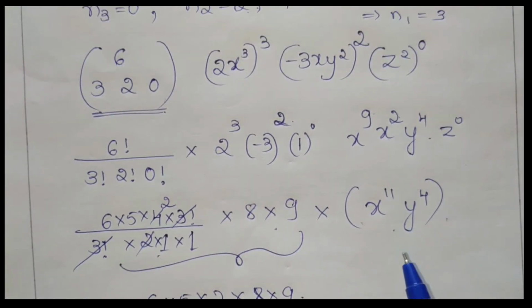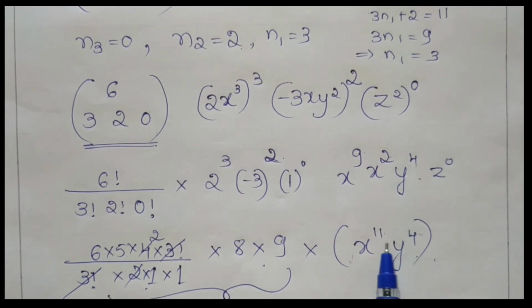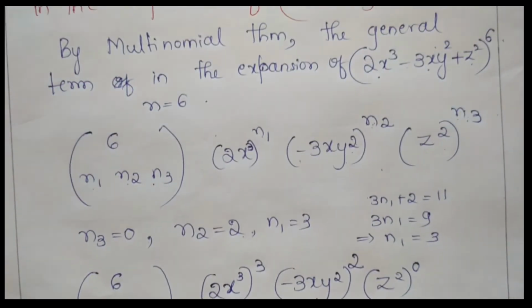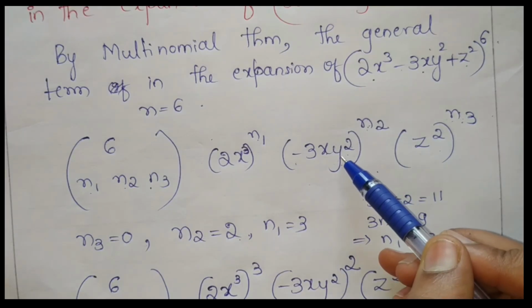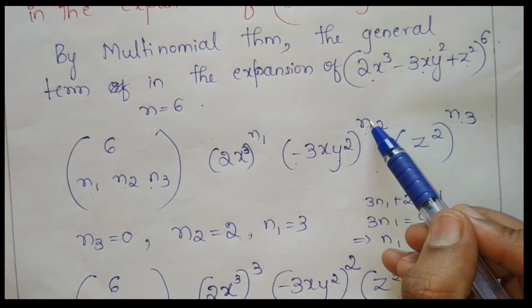So first we should try to get this term x raised to 11 and y raised to 4. Okay. So there is no z term, therefore directly you can take n3 as 0. Then there is only one y term here, nowhere else is there a y. So I need y raised to 4, for that I have taken n2 as 2. So y raised to 4.